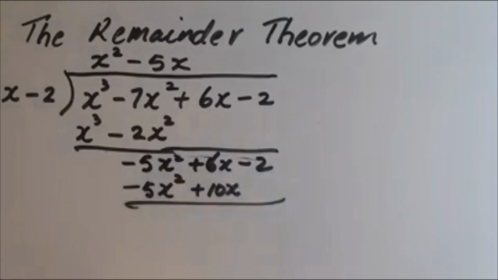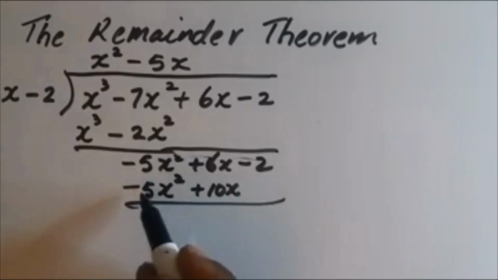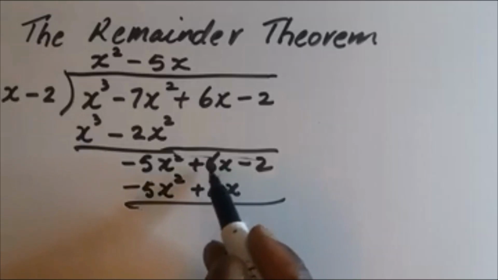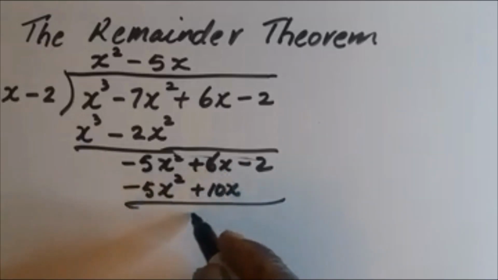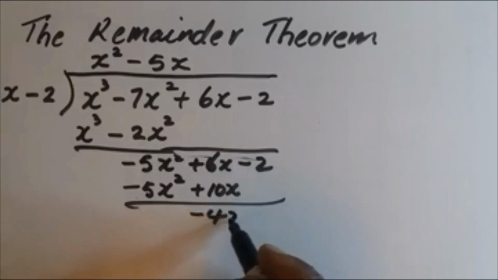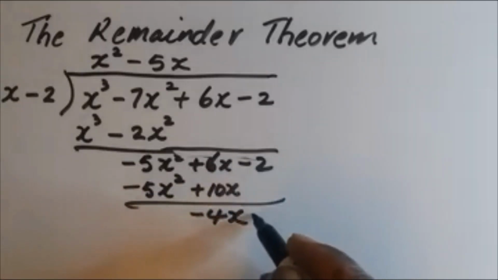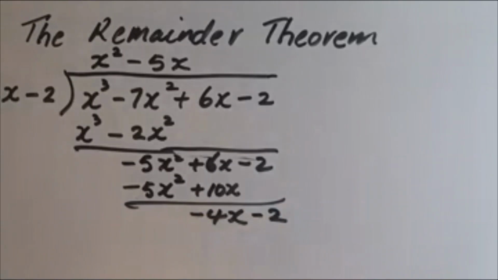Again, it's minus 5x squared minus 5x squared, so this cancels, and it's 6x minus 10x, which gives us minus 4x, and we bring down the negative 2.